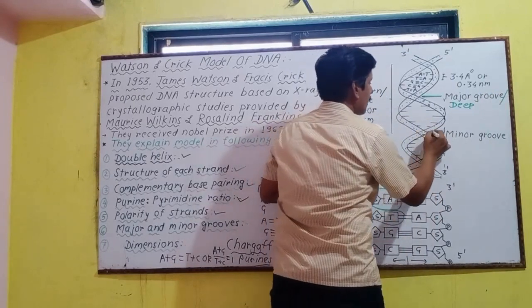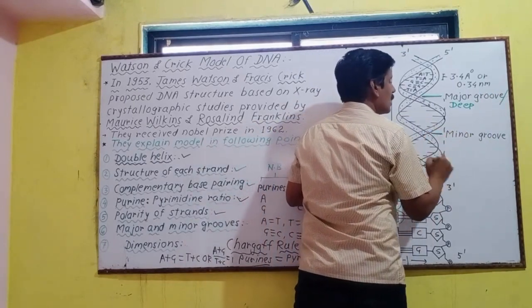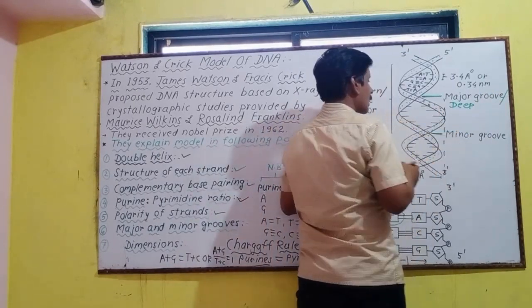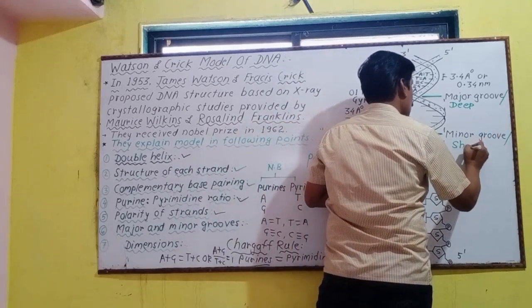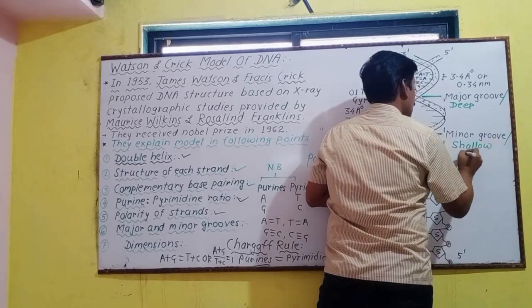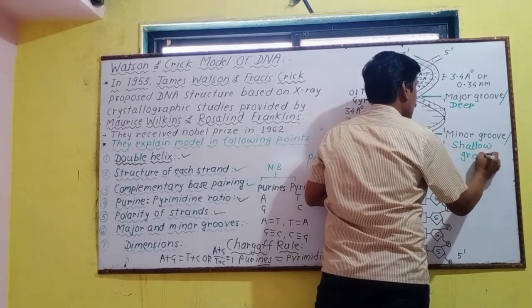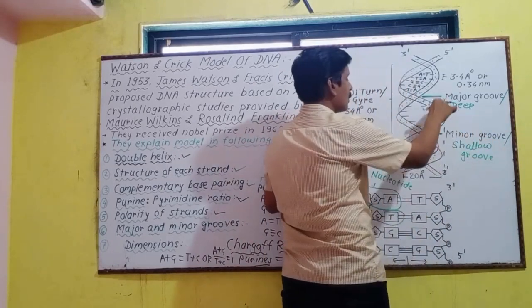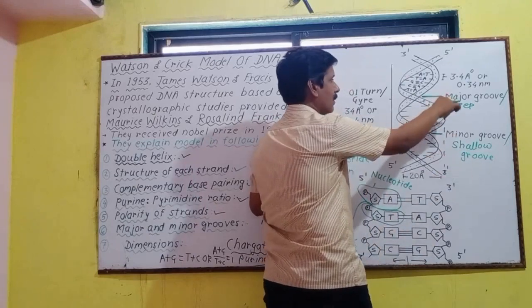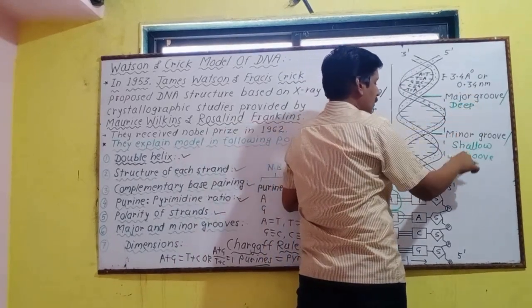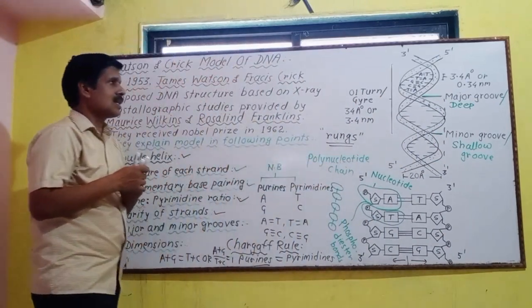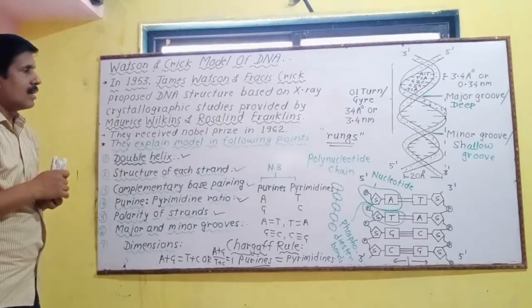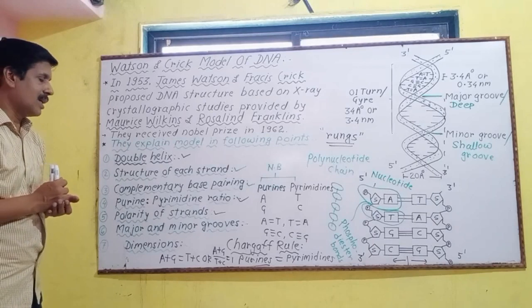The one whose depth is less is called the minor groove, or the shallow groove. Mind it well that these grooves come alternately, major, minor, like this, in the double helical structure of DNA.